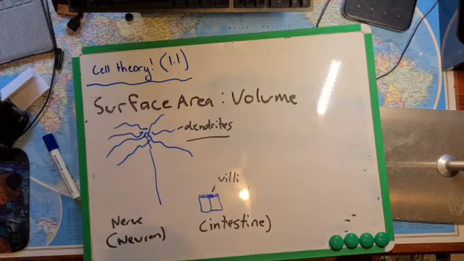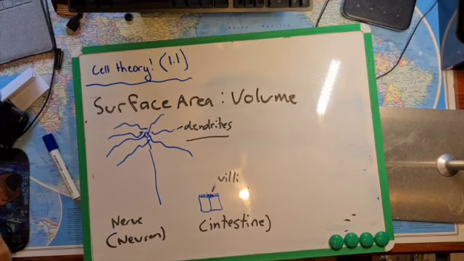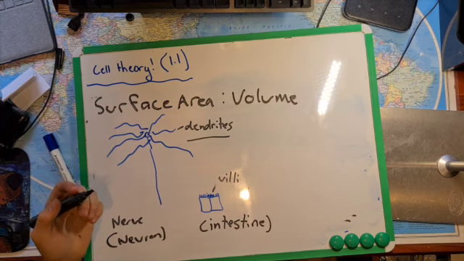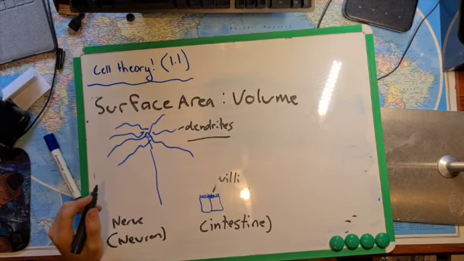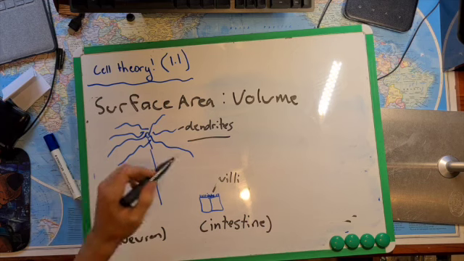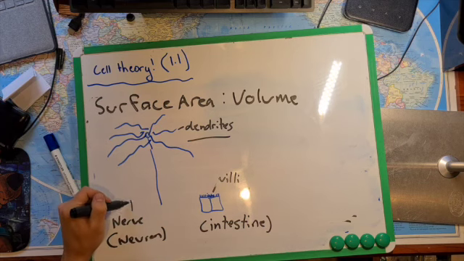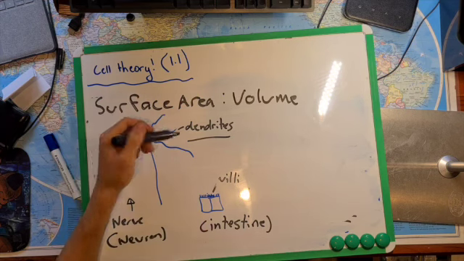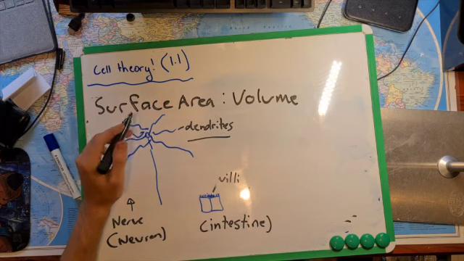Some interesting cellular adaptations, if you will, to maximize this surface area in order to quickly diffuse material amongst cells can be seen in the following. Firstly, a neuron, and these are represented to be dendrites.